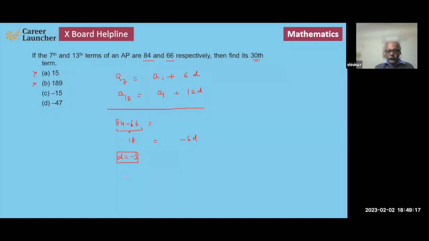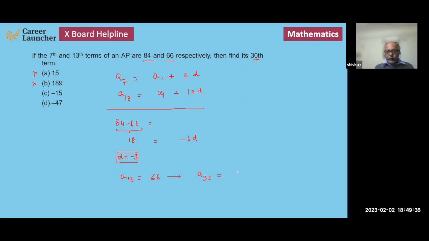So I know that A13 is equal to 66, or you can also work with A7 के साथ भी आप काम कर सकते हो, कोई फर्क नहीं पड़ेगा, दोनों सेम आंसर ही देंगे आपको. तो A13 का जो वैल्यू है, you will find that it is equal to 66. So what is the value of A30?